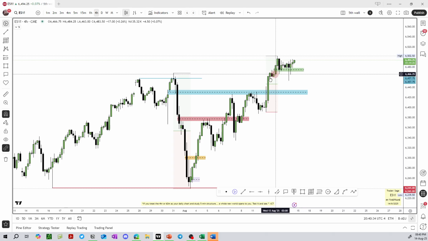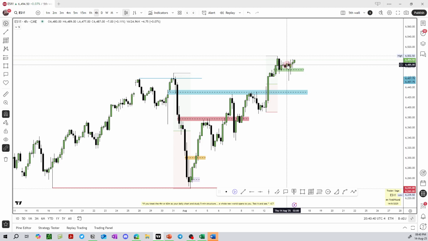So internal range to what? External range liquidity. So external, this would be internal, and this is like consolidation, so it's kind of tricky. So again, the bodies tell the story and the wicks do the damage.